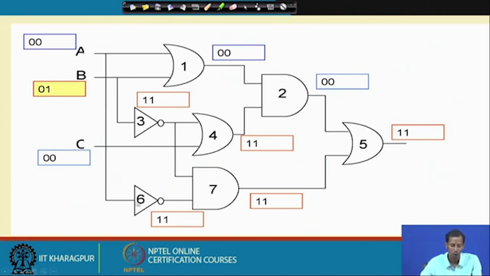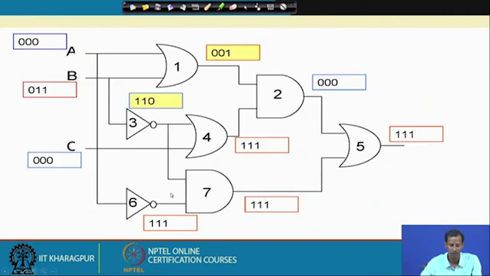Then again it is changing to 1, so 1 basically continues. At that time it will become 0, here 0 is continued, here 0 is continued, so 1 will be continued.